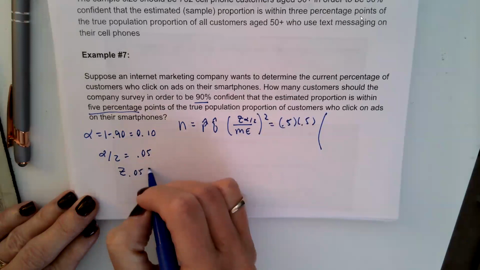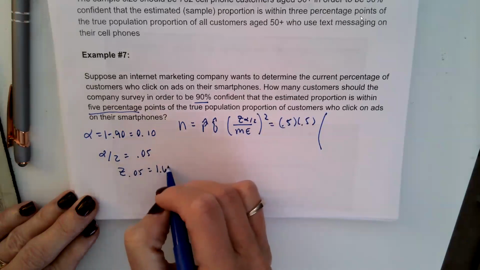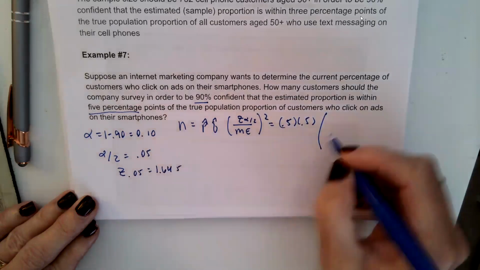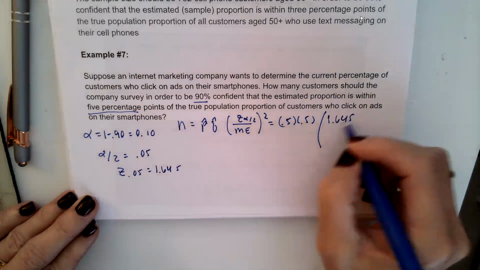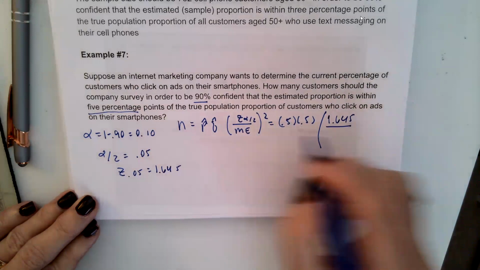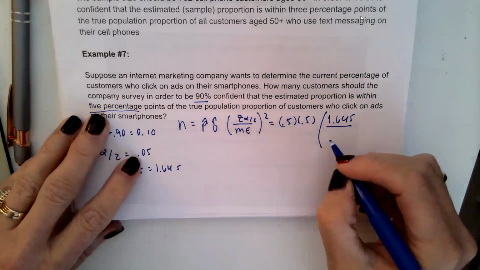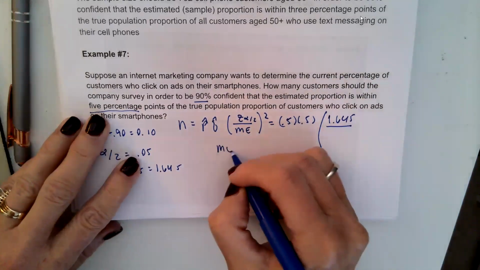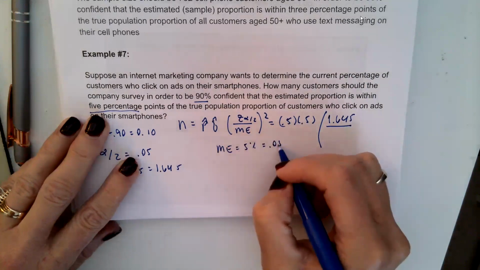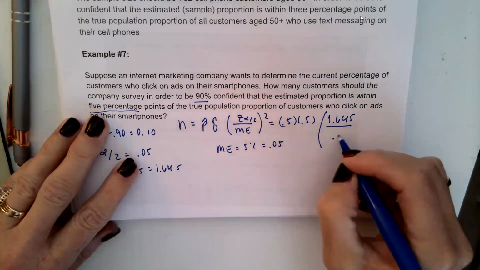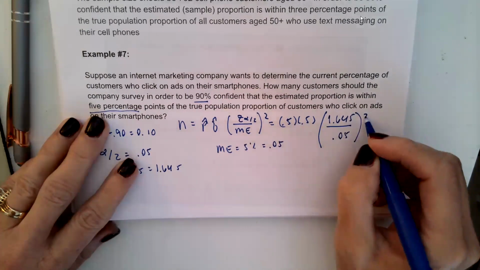And we already know that z of 0.05 is 1.645. So z is 1.645 divided by the margin of error, they said was 5 percentage points. And so we always have to turn that percent into a decimal if we want to do something with it mathematically. So that's 0.05, and we're going to square that.